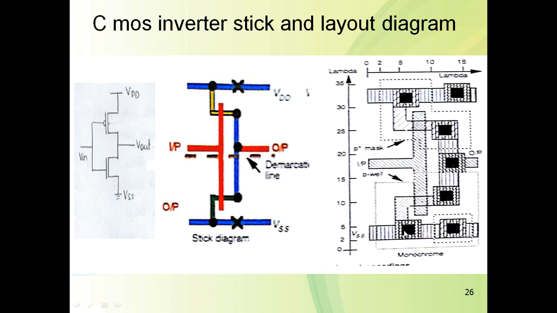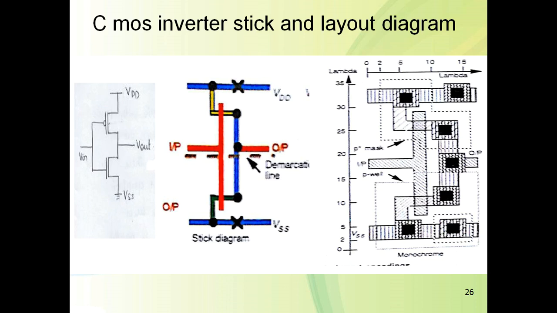This source is connected to VSS. This source is connected to VDD. Now the drain of this transistor and the drain of this transistor we have to connect. We can't extend diffusion layers, so to connect them we require the metal layer.